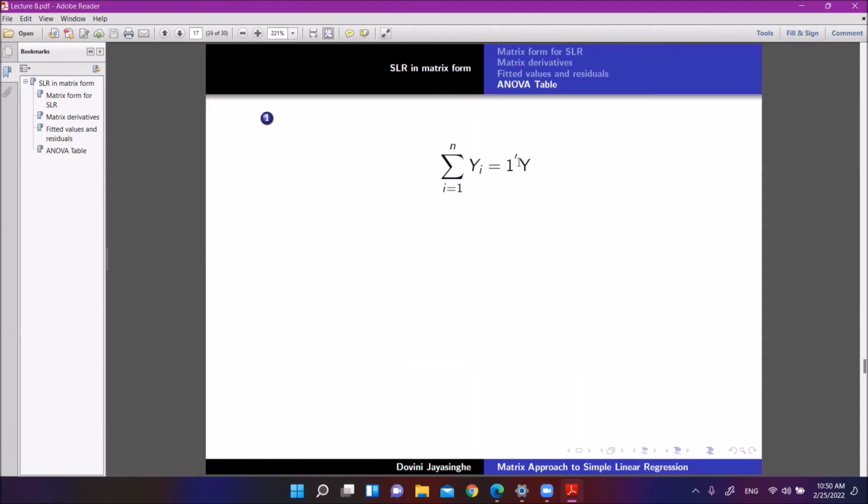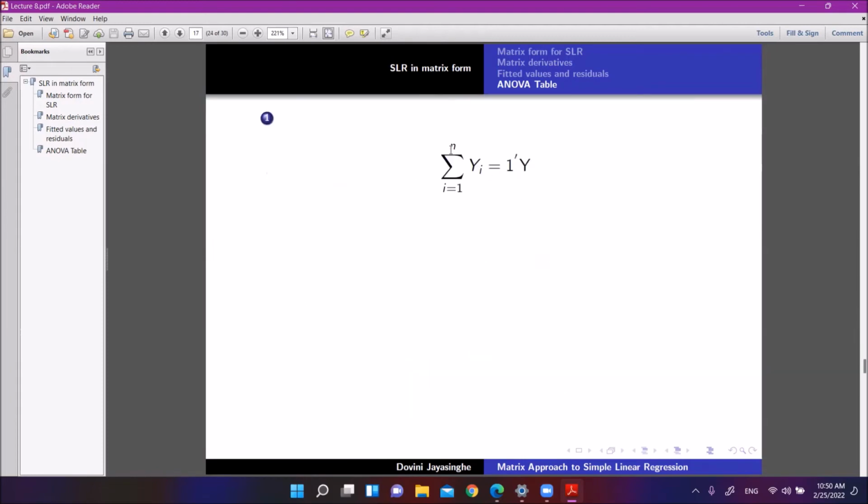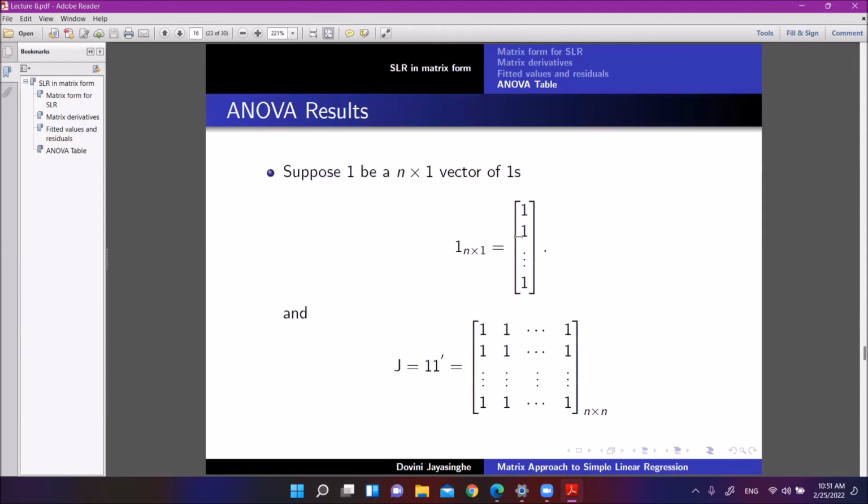So by using this notation, you can say summation of yi is given by 1 transpose y. Y is a vector now, an n by 1 vector. 1 is again an n by 1 vector.